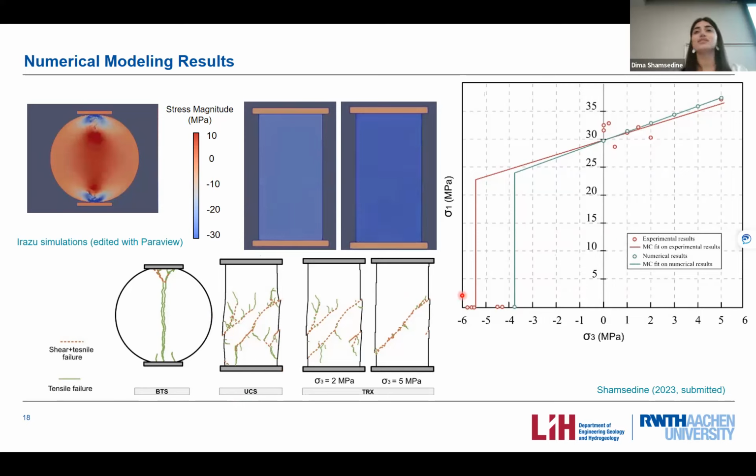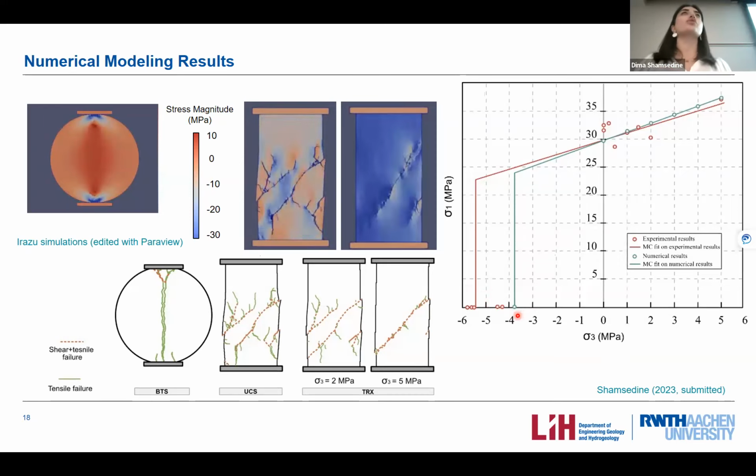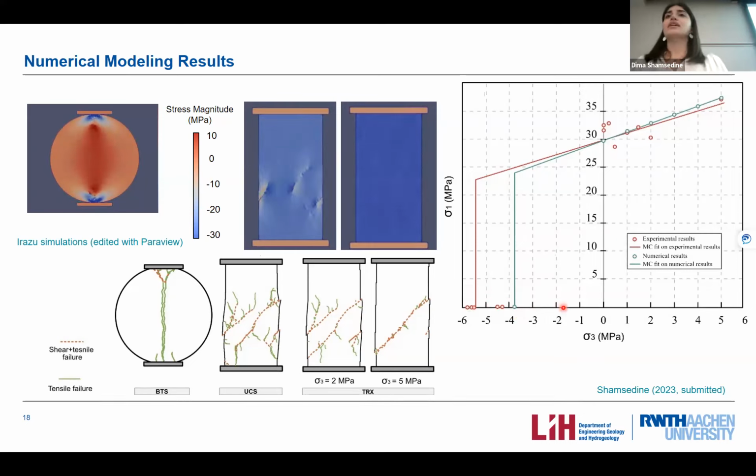Now, if we plot the strength and the Mohr-Coulomb envelope, we can see that the green one is the numerical results envelope, and the red one is the experimental results envelope. We can see that the tensile strength is relatively low compared to the experimental result. We had around 4 megapascals of tensile strength in the model compared to 5.5.